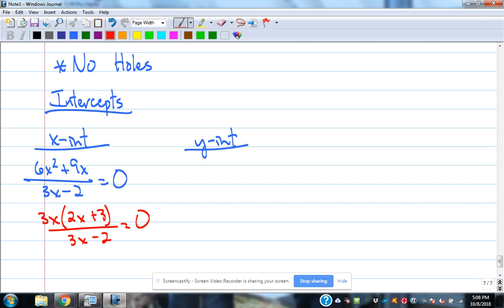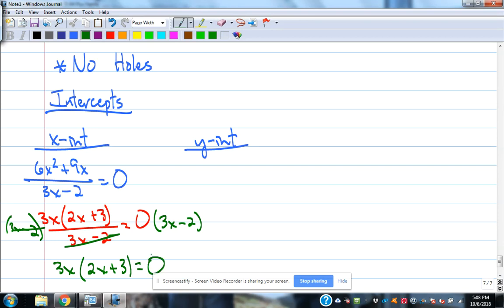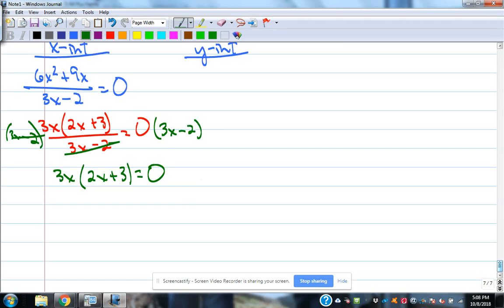What happens to the 3x minus 2 on the bottom? I multiply by it, but 0 times 3x minus 2 just goes away. And I end up with 3x parentheses 2x plus 3. That's the factored form of the numerator equal to 0. Remember, really, for x-intercepts, all you're really doing is setting the numerator equal to 0.